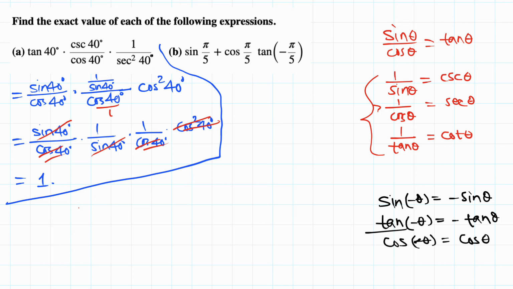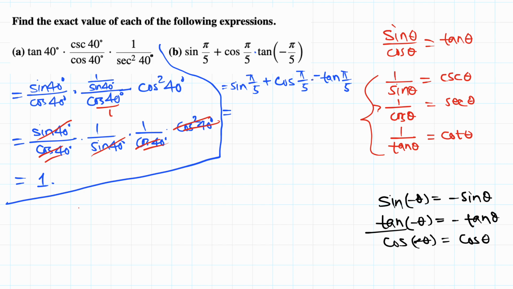So here, let's do it. Sine pi over 5 plus cosine pi over 5 is a times. Sine plus cosine gives no information. In fact, we need to do the multiplication first. So I'm going to copy this: sine pi over 5, we need to multiply first, not add, and cosine pi over 5 times tangent of negative, which means times negative of tangent.